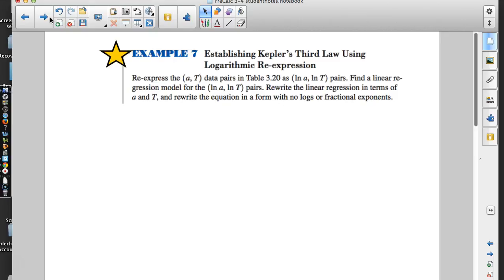Stats, calculate, linear regression, but I have to tell it this time I want list 3 and list 4. We don't need to store this one. So after you change it to list 3 and list 4, you can go all the way down to calculate.